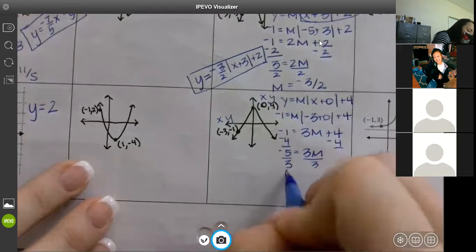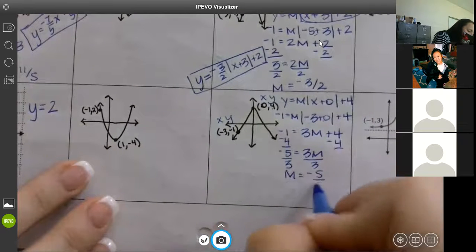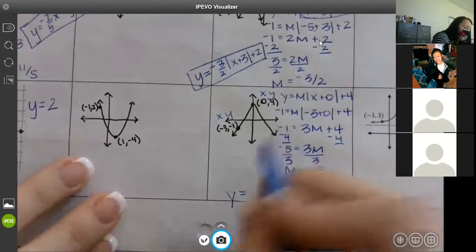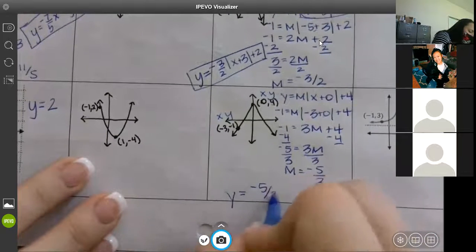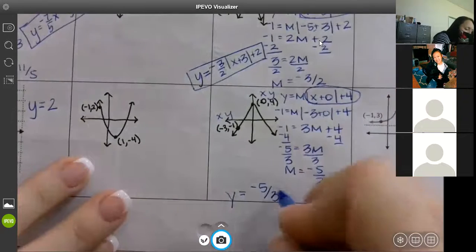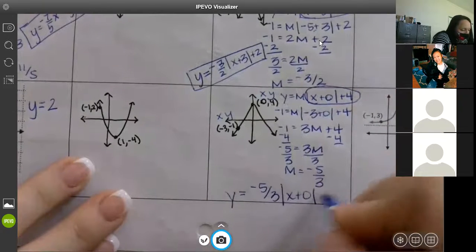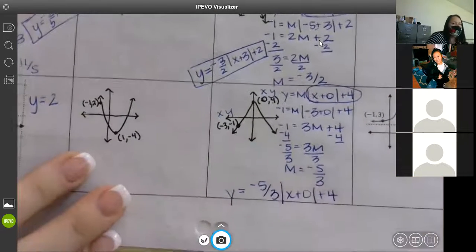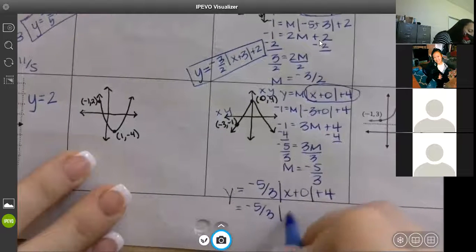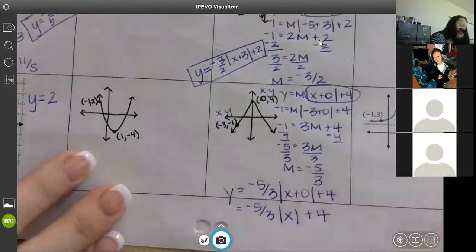Divide by 3 and we get m equals -5/3. So our final equation is y equals -5/3, and the rest of the equation comes from right here in the very beginning: x plus 0 plus 4. But remember, if it's multiple choice, you will not see that 0. It'll just be absolute value of x plus 4.